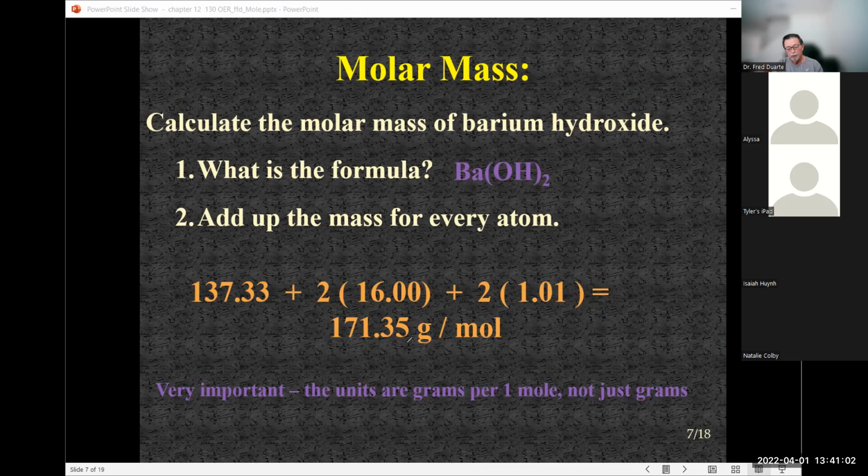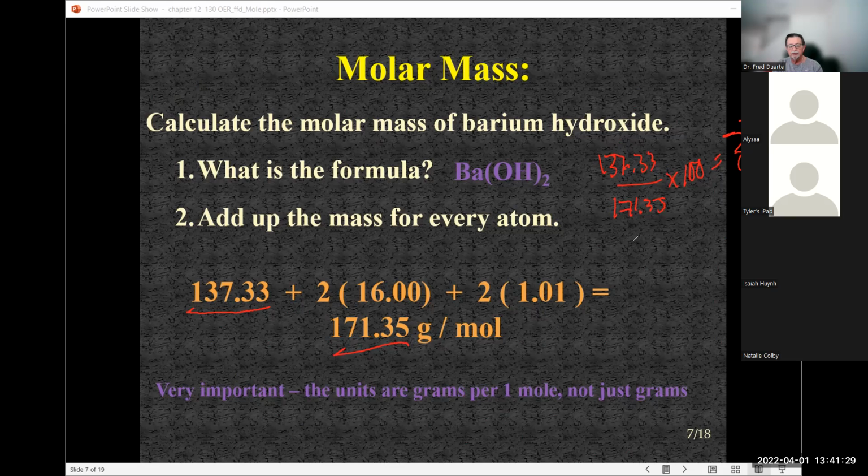Notice something here. We have the total mass of all the atoms, but we also have the individual contribution that each atom brought to the total mass. If you take the 137.33 and divide it by the total mass, and you multiply that by 100, guess what? You get the percent barium.